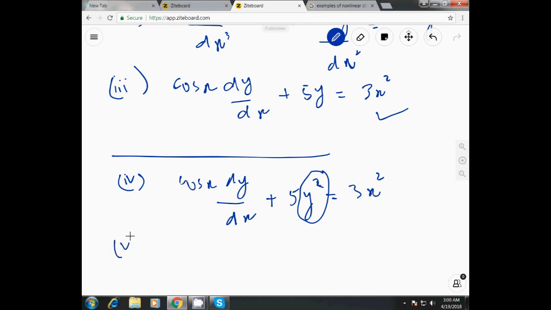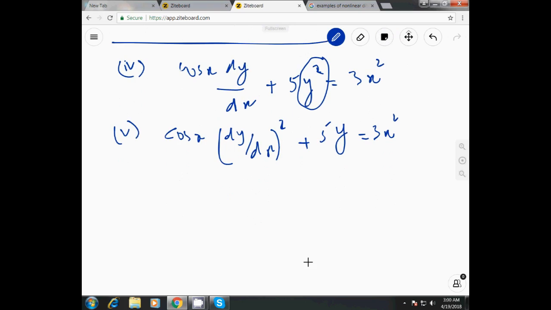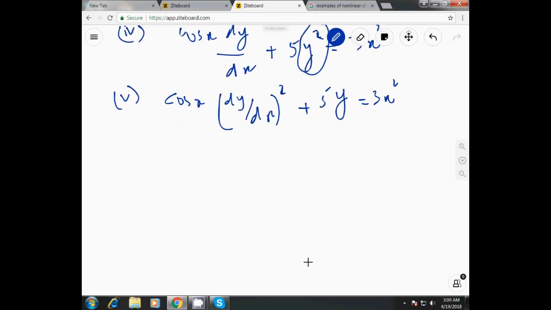Similarly, as another example, if I write cos x dy by dx whole raised to the power 2 plus 5y is equal to 3x square. What is the reason of nonlinearity? Obviously the higher power of the derivative.